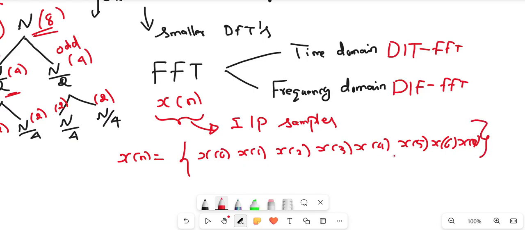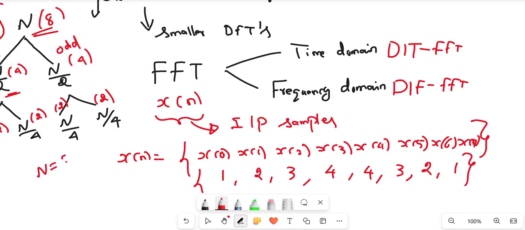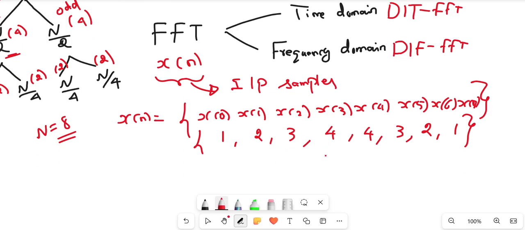These are the positions I am saying; the data may be whatever, for example 1, 2, 3, 4, 4, 3, 2, 1, with N equal to 8.